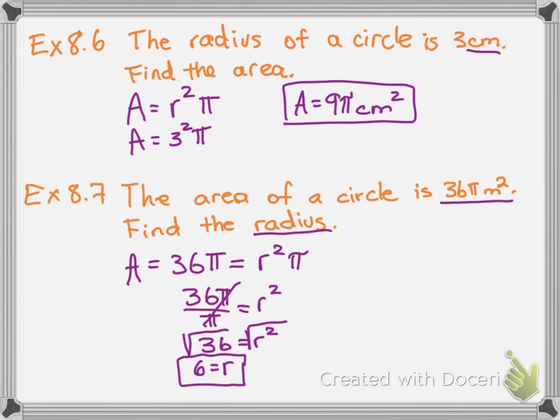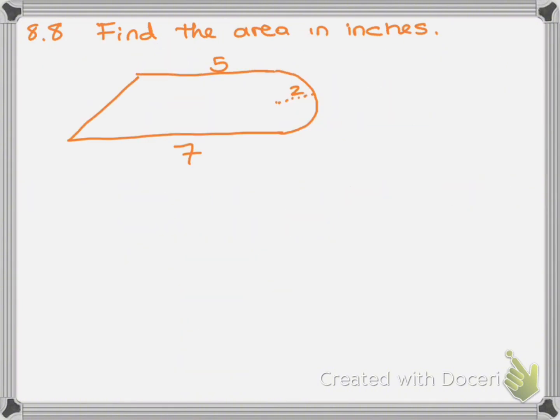Okay, very good. In example 8.8, they ask us to find the area in inches. Again, we have a very complex figure, but we can simplify it by cutting it into shapes that we know. So we're going to have the area of a triangle plus the area of a rectangle plus the area of a semicircle.